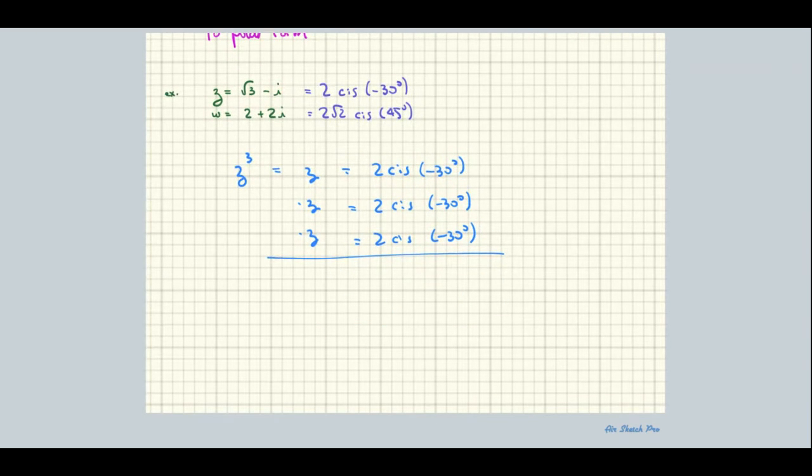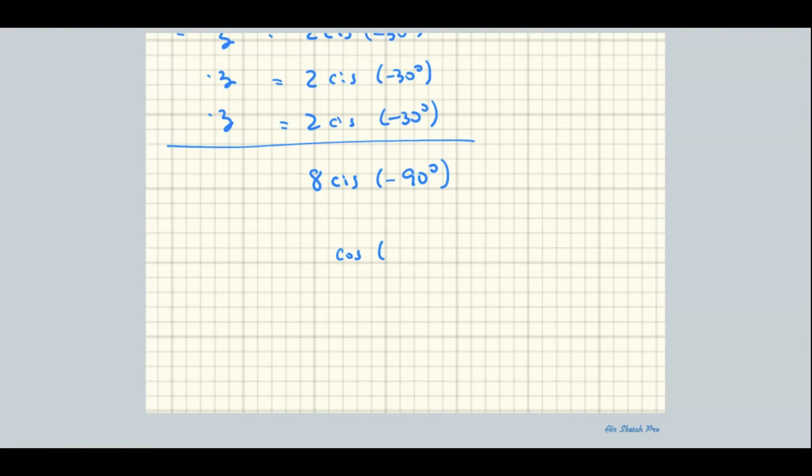So, what's 2 times 2 times 2? 8, right? And now remember the rest of it is exponents, right? What's negative 30 plus negative 30 plus negative 30? Negative 90, yeah?